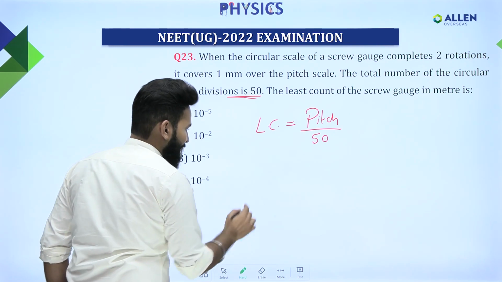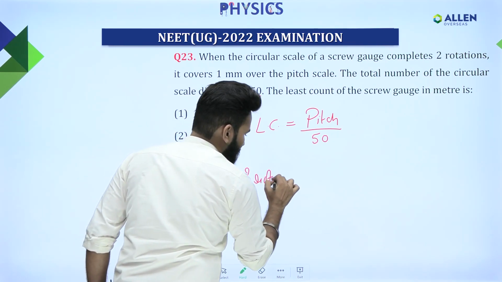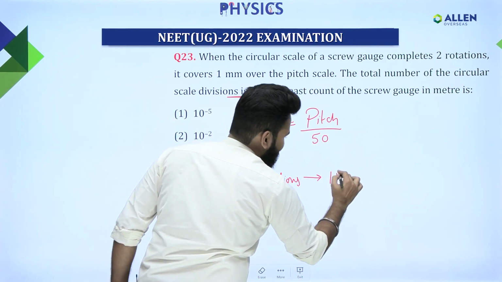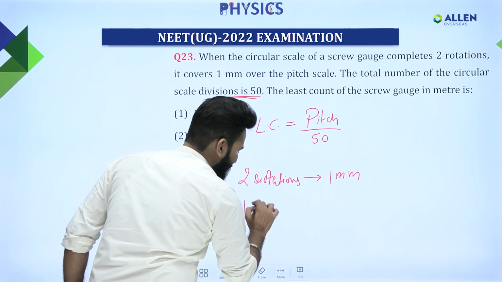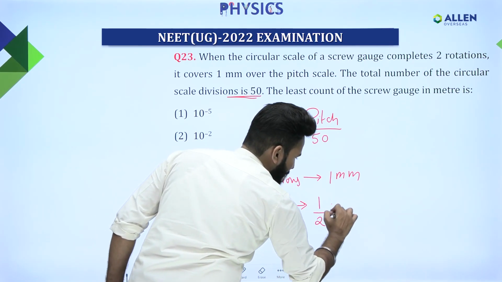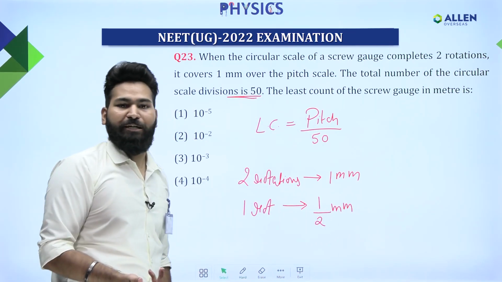So on 2 rotations, the distance moved by the linear scale is 1 mm. So on 1 rotation, the distance moved on the linear scale will be 1 by 2 mm. That's basic unitary method, right?